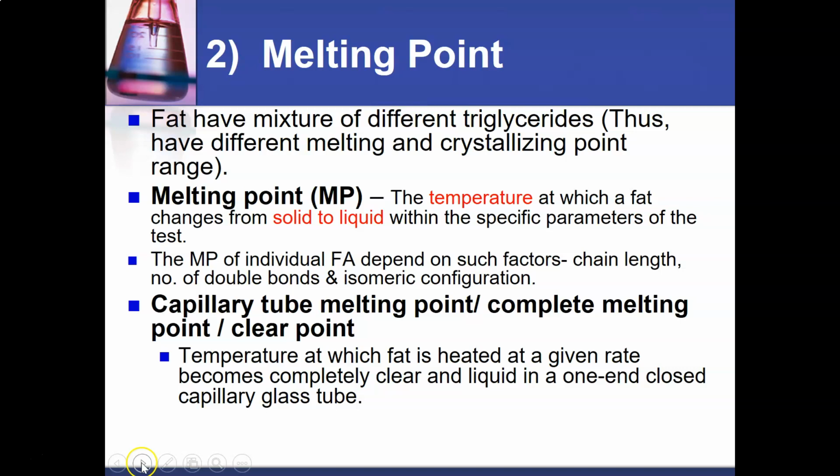So capillary tube melting point, or complete melting point, or clear point, basically is the temperature at which fat heated at a given rate becomes completely clear and liquid in a one-end closed capillary glass tube.